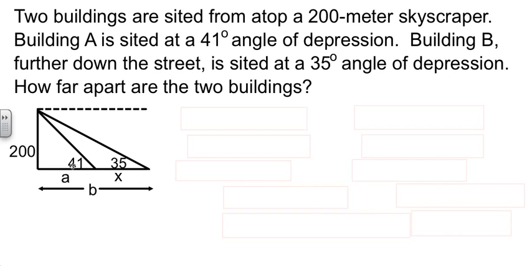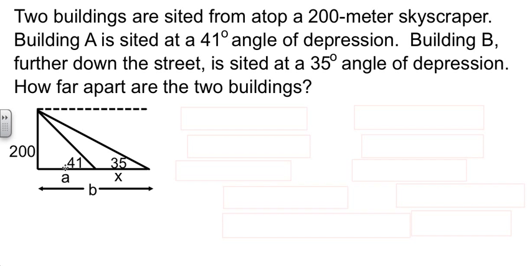Now again, just like I did with the lifeguard problem, the 41 degrees really is up here, but I used alternate interiors to move it down here inside the triangle to make life easier to work with. Okay. We still have two right triangles, so that looks like a job for two equations.